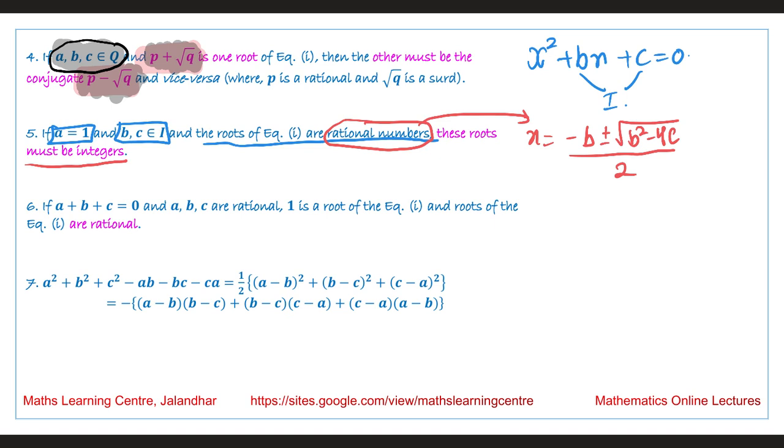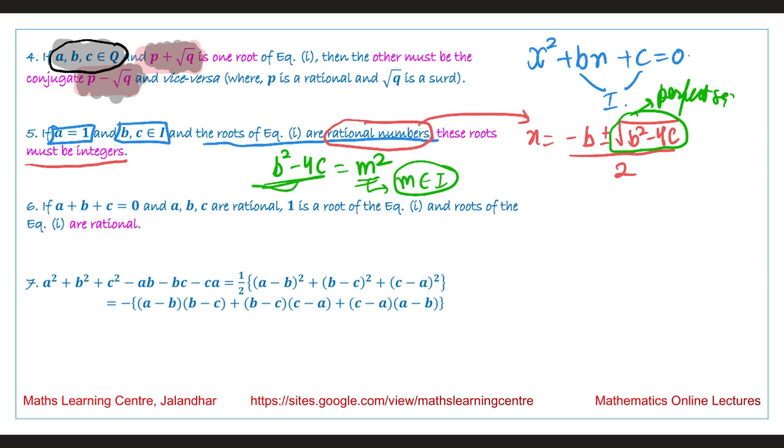It means that this term is a perfect square. So we are writing that b square minus 4c should be equal to some m square. This m should be an integer, because b and c are both given to be integers.